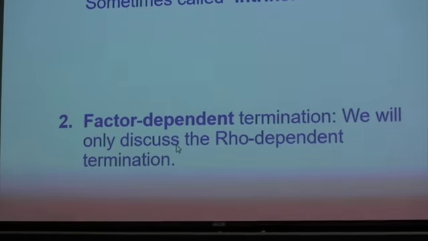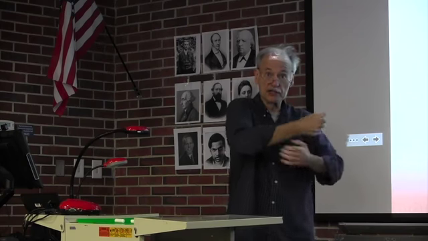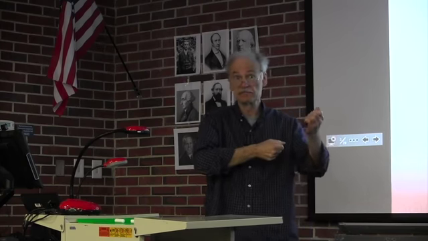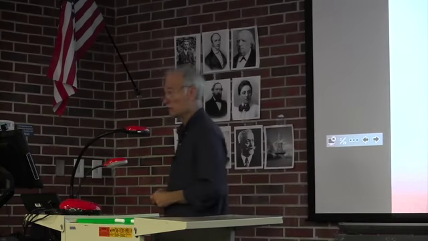The factor-dependent mechanism involves a helicase which chases the RNA polymerase, which pauses coyly at a hairpin, waiting for the Rho factor to come up and just ratchet out the transcript from the active site, disrupting again the RNA-DNA duplex.